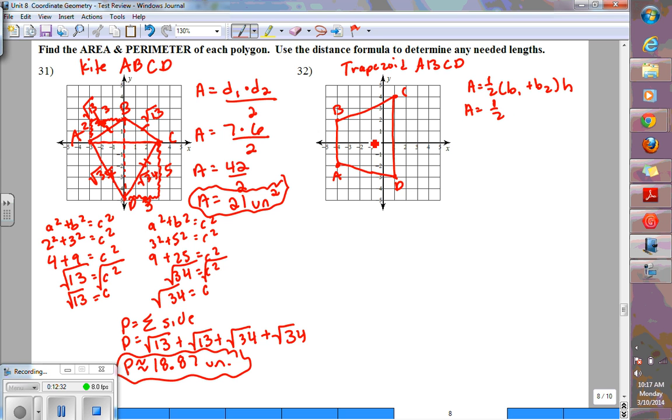My bases, I can just count my bases. So 1, 2, 3, 4, 5, 6, 7. 1, 2, 3, 4.